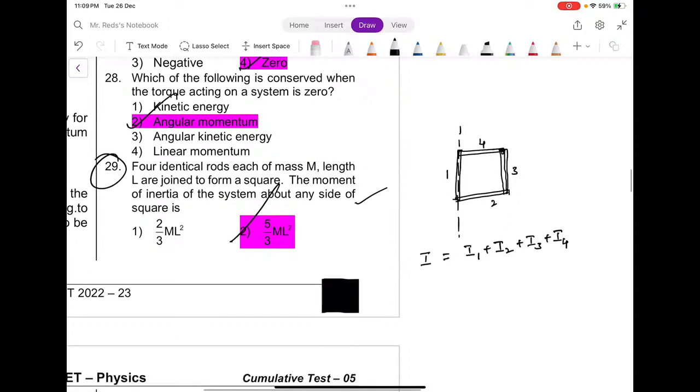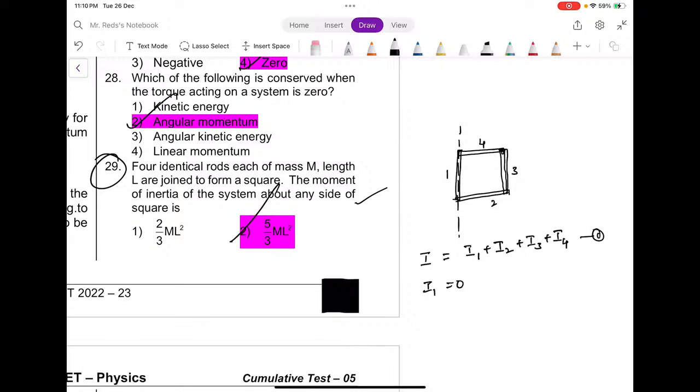As the axis is passing through the length of the first rod, no moment of inertia will be contributed, because the mass of the first rod is lying on the axis. So you can take I1 is equal to 0.